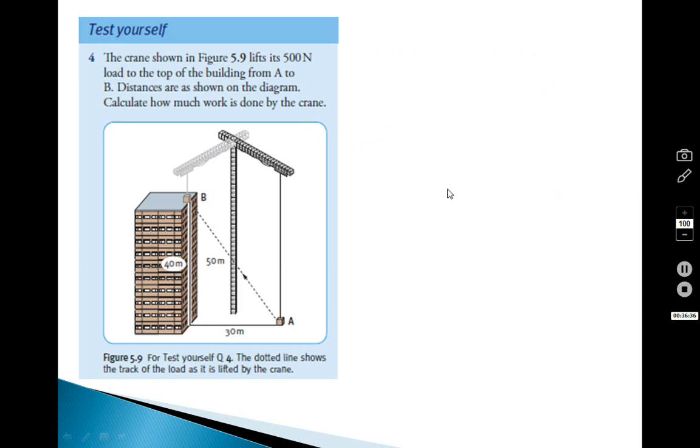We will take two examples. I will leave those examples for you until the next presentation. They are very easy. Please try to think about them. First one, we have a crane shown in figure 5.9.